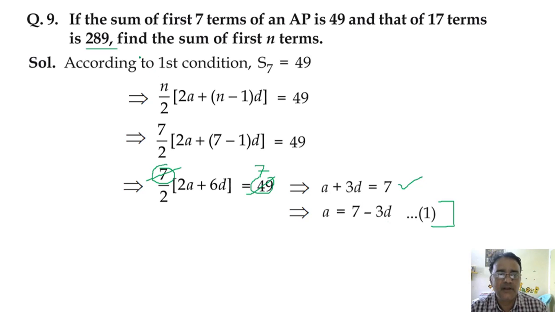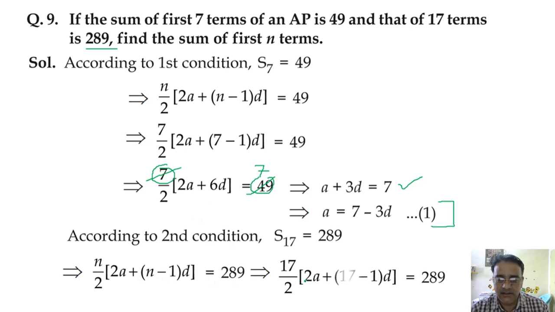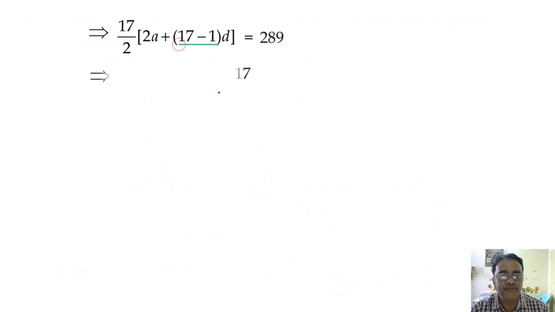If you use the same formula, we'll get 17 by 2 into 2a plus 17 minus 1 into d is equal to 289. So again this will become 16, right? ये 16 हो जाएगा, और इसको अगर 17 से डिवाइड करेंगे तो 17 मिलेगा. So 2a plus 16d by 2, it will become a plus 8d is equal to 17.